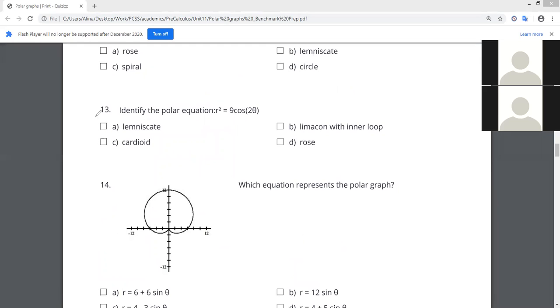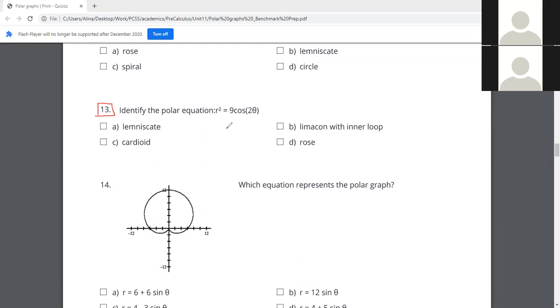Number 13. This is the equation of a lemniscate. I call it infinity. It's an equation of infinity. If it's cosine, we know that cosine maximizes at 0, so it will look exactly like infinity.